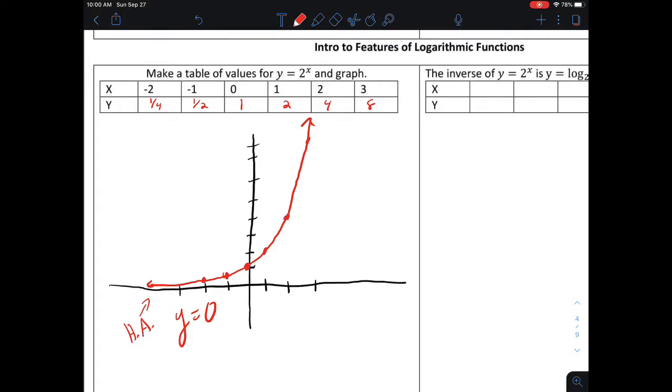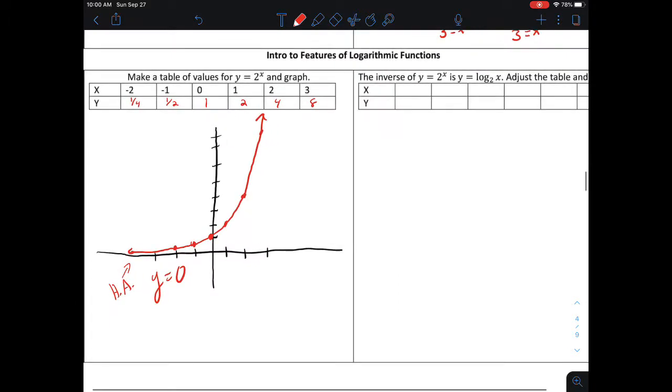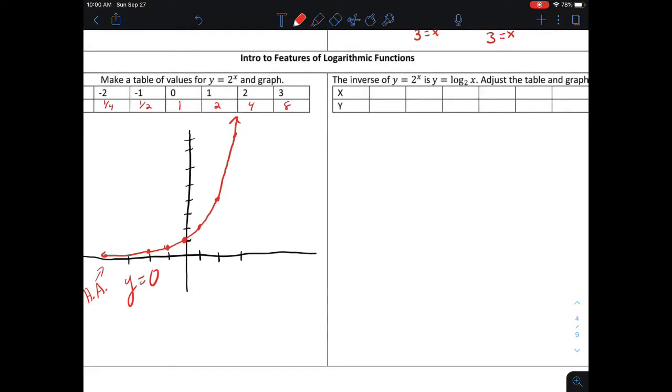Now, if I want to graph the inverse of y equals 2 to the x, which is log base 2 of x, and we'll algebraically rewrite that later, but that's not in this video, if I wanted to make an inverse table, basically what you would do is you swap your x's and your y's. So all of my y values become x values. So I'm going to copy my y's in the x row.